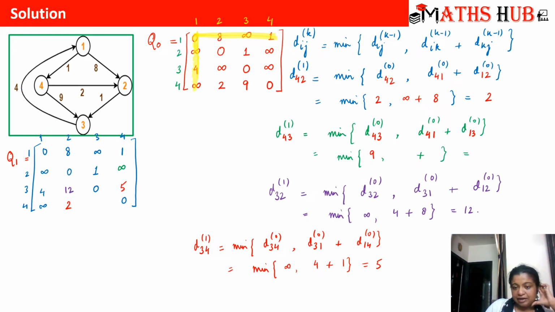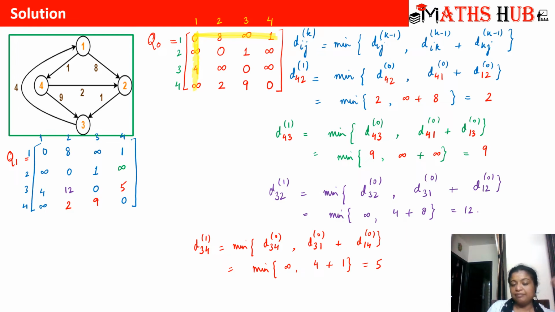It is 9. D41 is infinity and D13 is infinity. So you can see that the answer will be 9. So you can see that when we move from the initial matrix to the first weighted matrix, only 2 entries are getting improved, right? So you can still see infinity at many places. So we need to improve them.